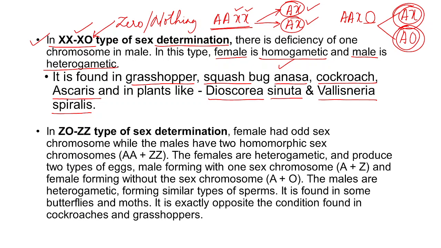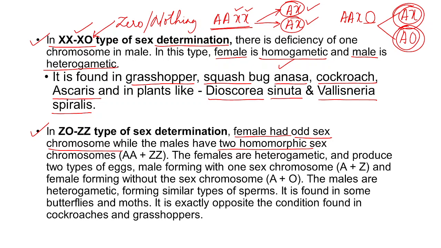Next, the fourth type of sex determination, that is ZO and ZZ type of sex determination. It is a type of sex determination in which the female has an odd sex chromosome while the males have two homomorphic sex chromosomes.